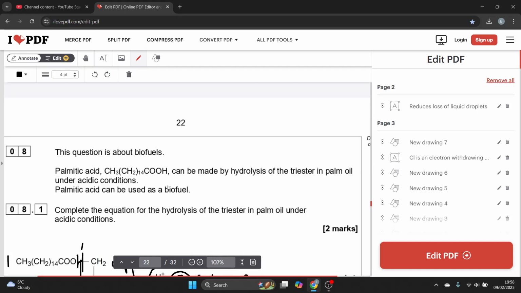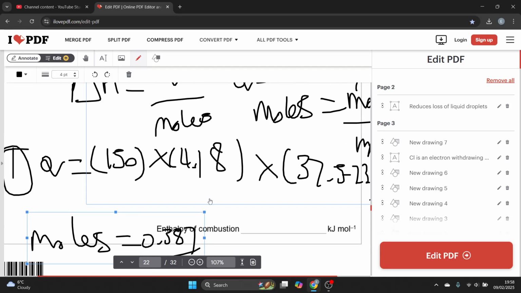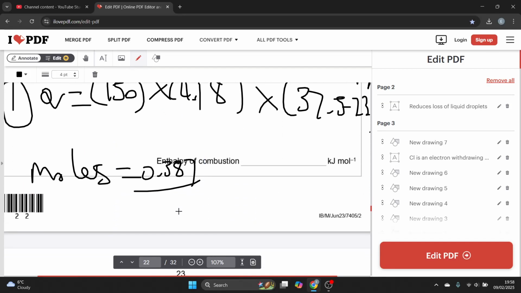So palmitic acid is 12 plus 3, 15, plus 12 plus 2, 14 times 14, plus 12 plus 16 plus 16 plus 1, 256. Yeah, 256, divided by 256.